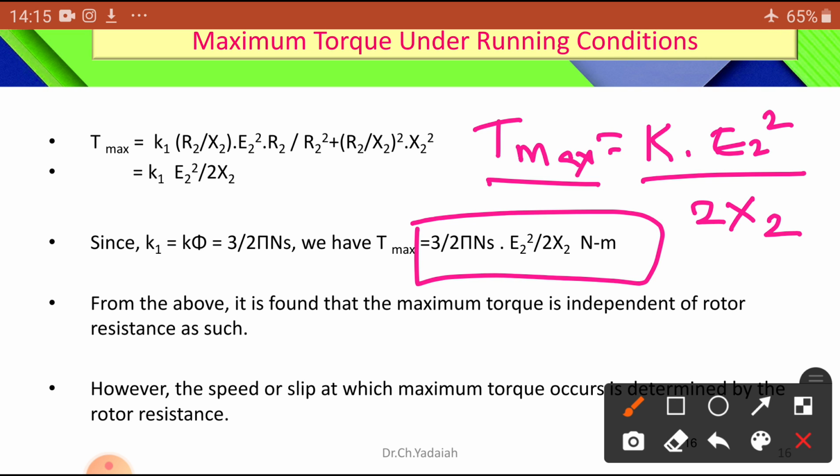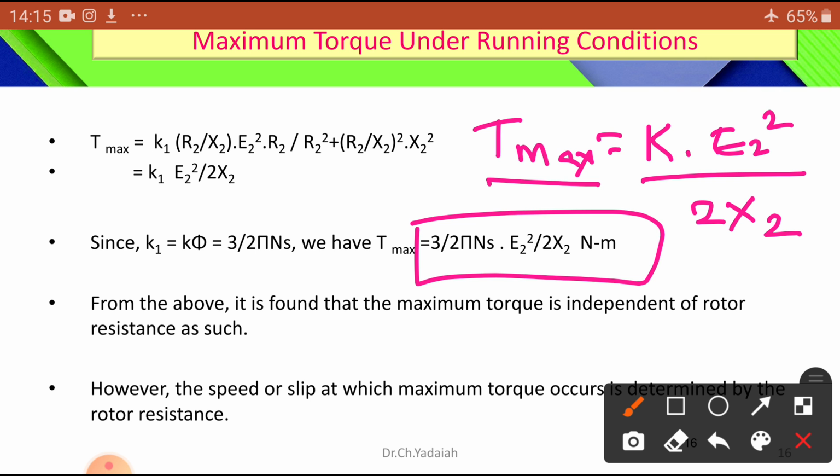However, the speed or slip at which maximum torque occurs is determined by the rotor resistance. In this case, maximum torque is independent of R2, but the slip at which it occurs depends upon the rotor resistance, because S is equal to R2 by X2.